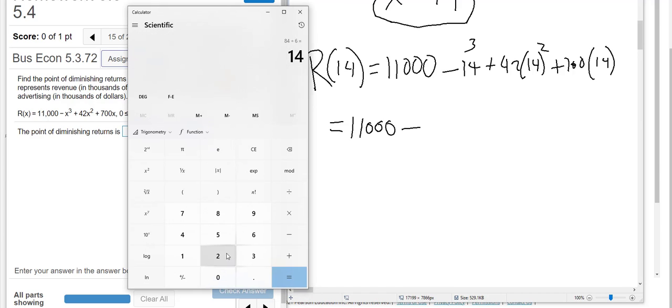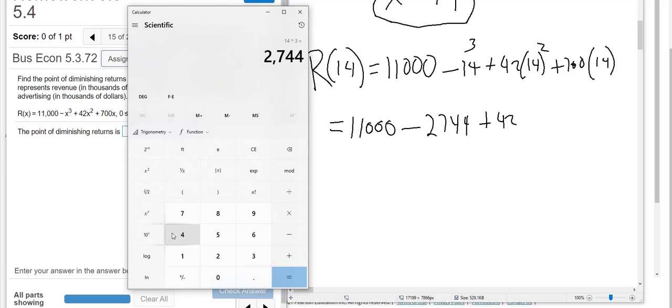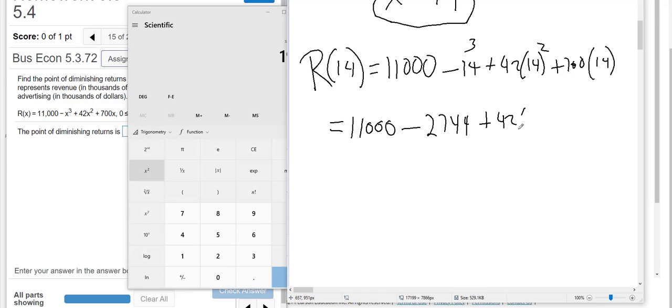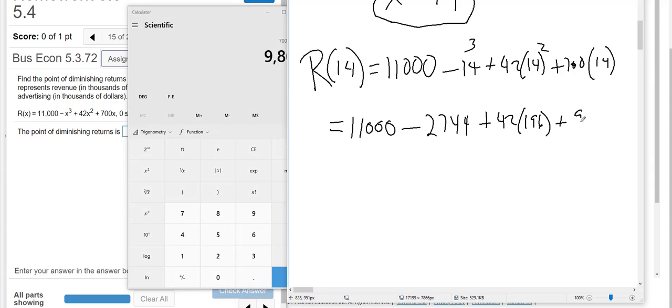So we've got to do 14 cubed. That's 2744 plus 42 times 14 squared. That's 42 times 196, and then 700 times 14 is plus 9,800.